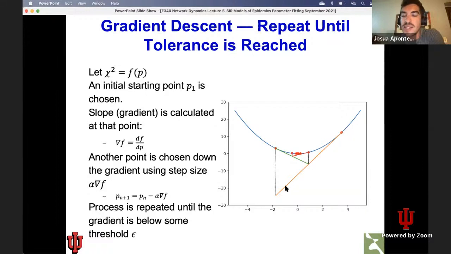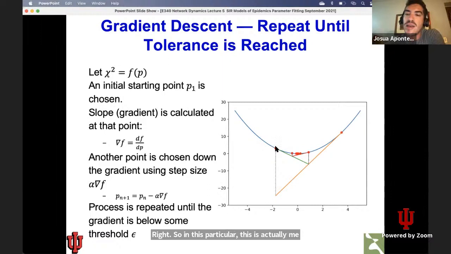This is actually me implementing gradient descent, and you can see, given the value of the parameter alpha that I chose, how many steps it takes for this optimizer to find the global minimum. So again, the step is always proportional to what the slope is at that particular point. That's why it's called gradient descent.